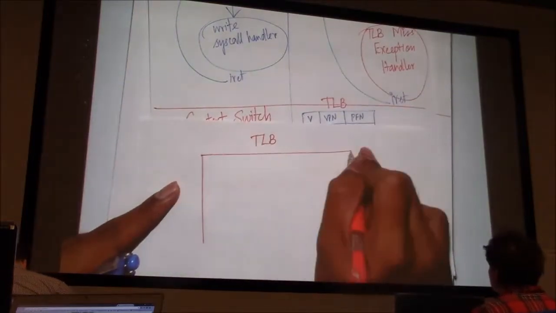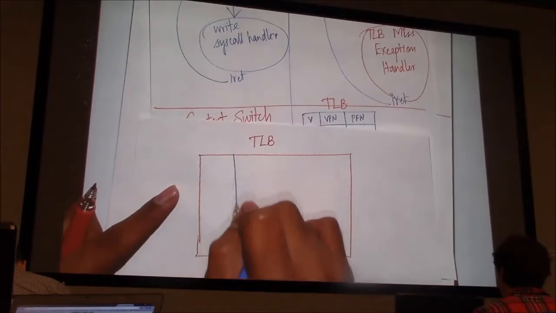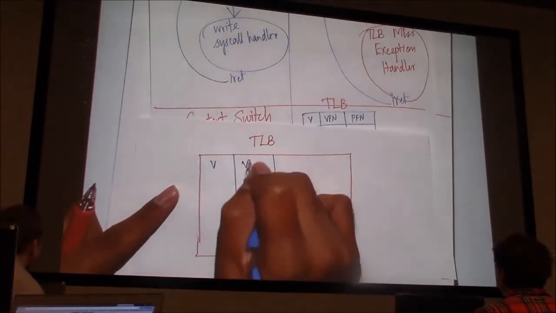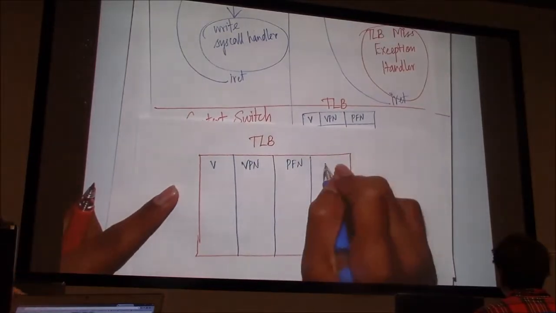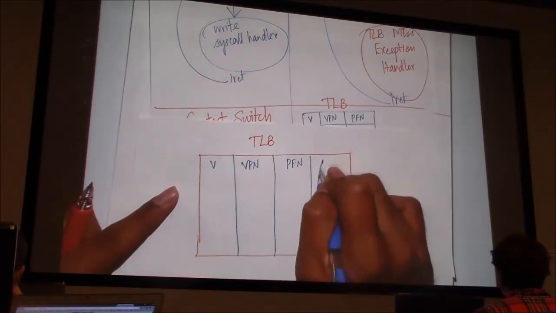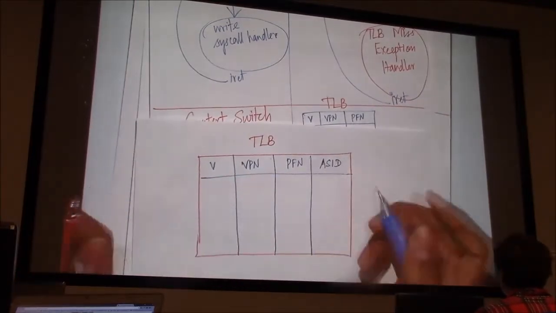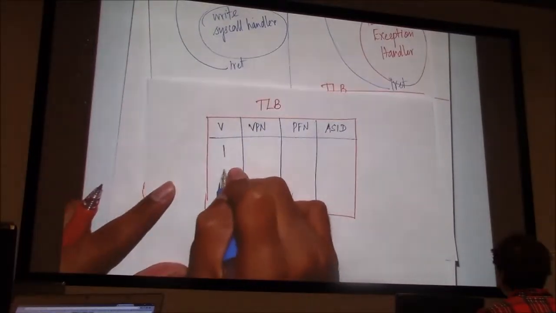You have a TLB, you have the valid bit, you have the virtual page number, you have the physical frame number, and along with that you have one more field called ASID. So now your TLB can have mappings like this.